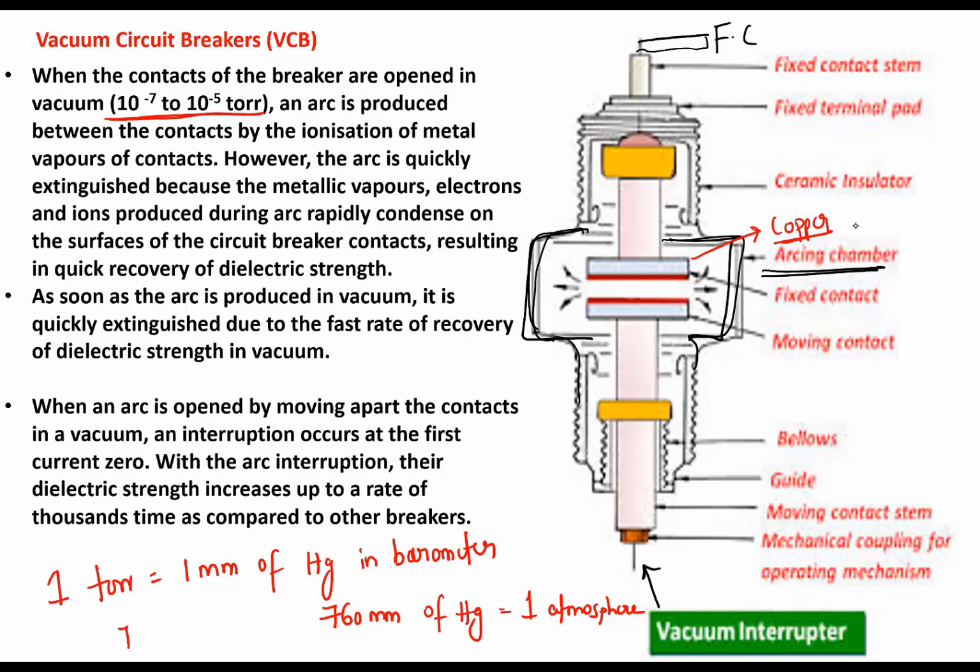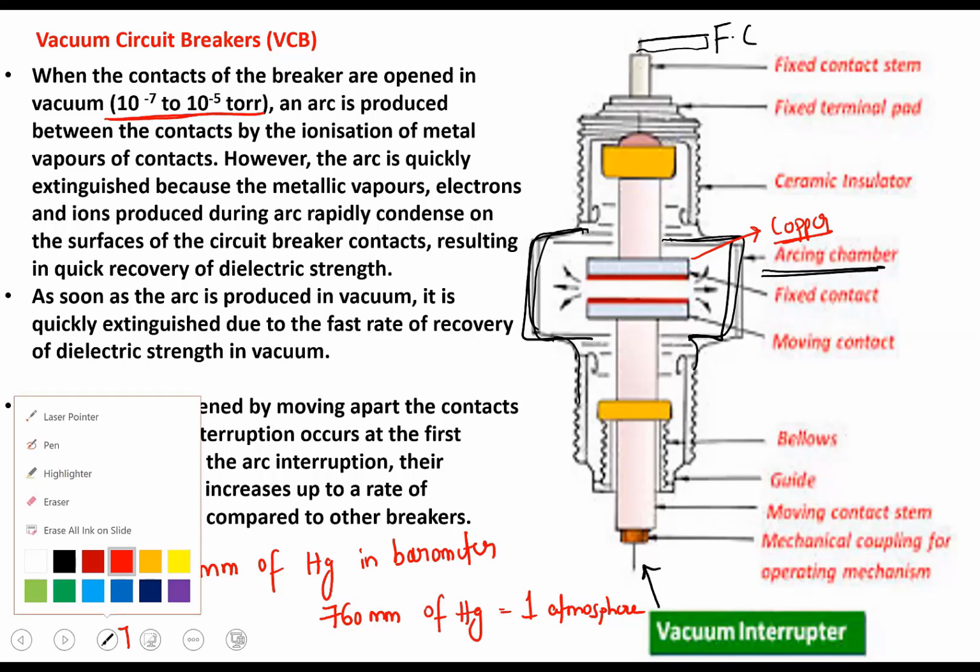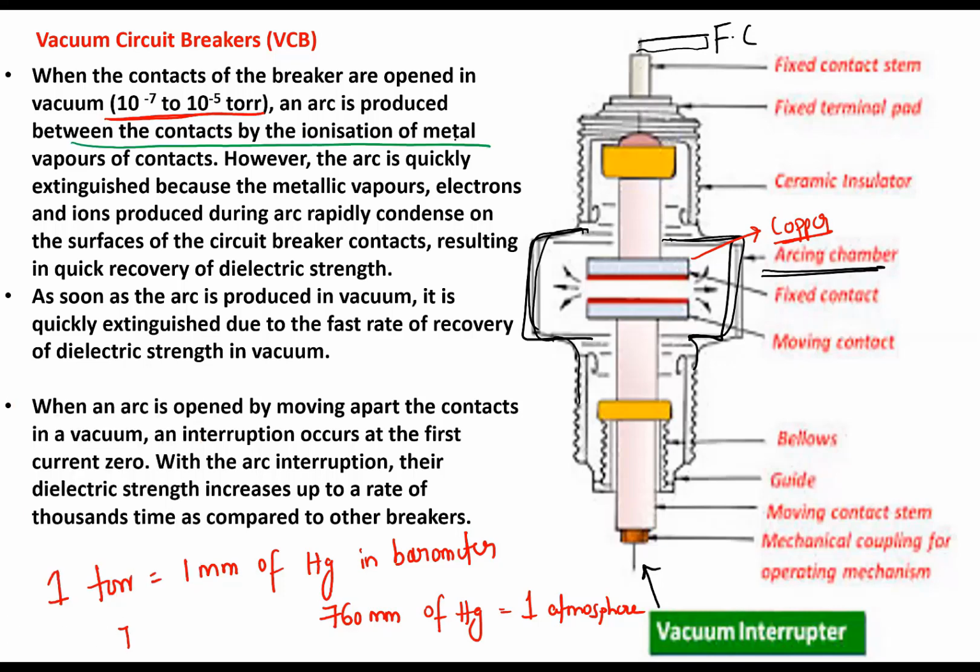Okay. So here you can read: when the contacts of the breaker are opened in vacuum, whose pressure is 10 to the power of -7 to 10 to the power of -5 torr, an arc is produced between the contacts by ionization of the metal vapor of the contacts.